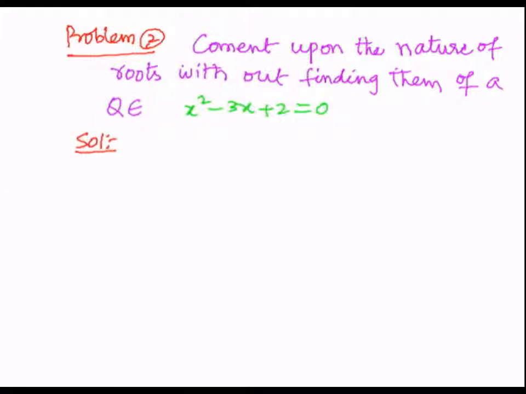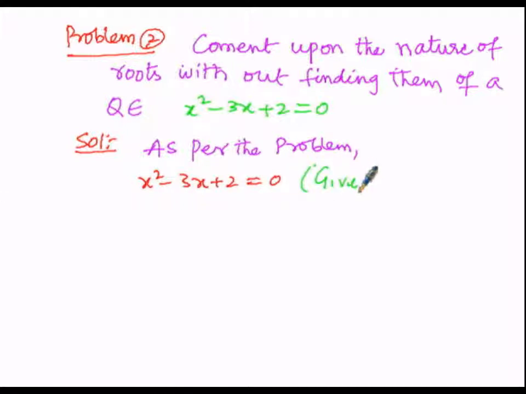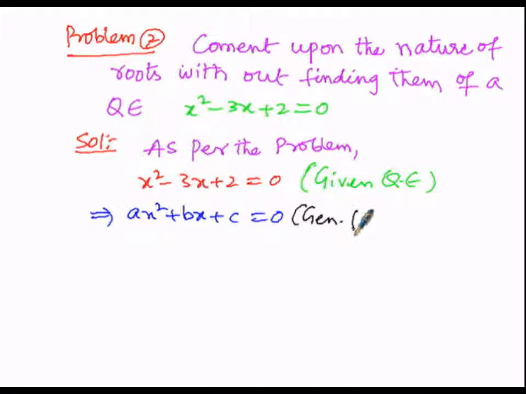As per the problem, the given quadratic equation is x square minus 3x plus 2 equals 0. Now let us compare with the general form of a quadratic equation, ax square plus bx plus c equals 0.